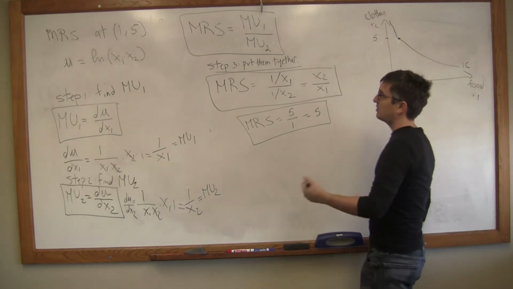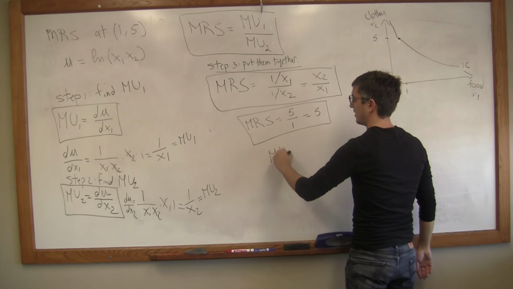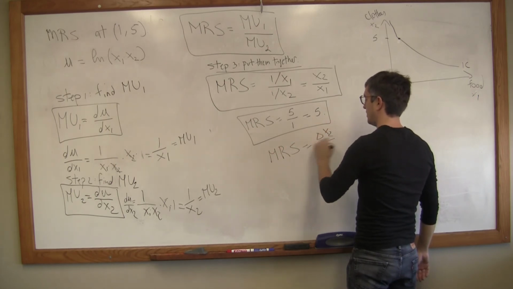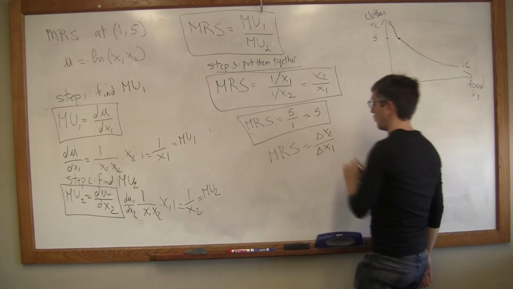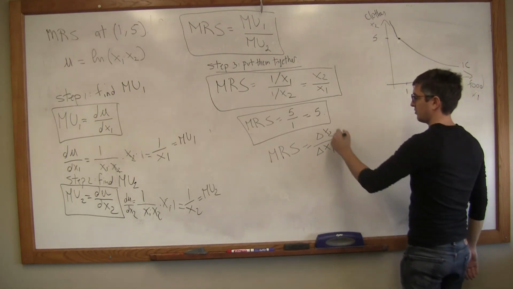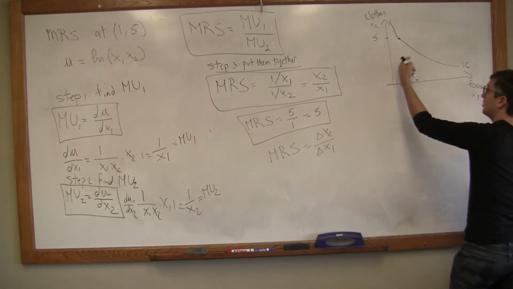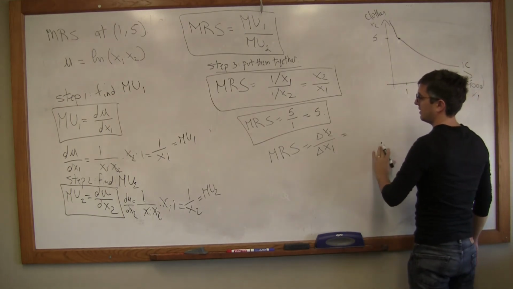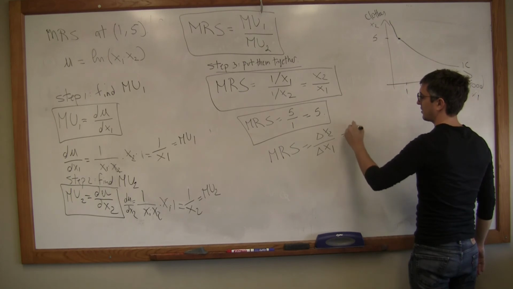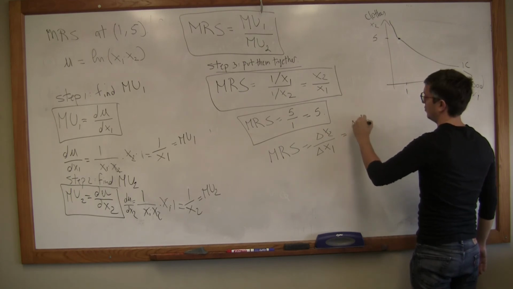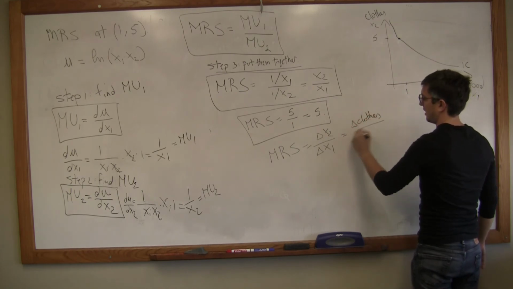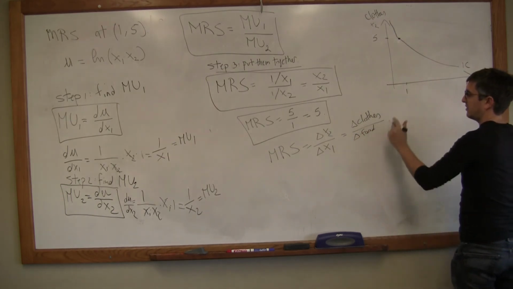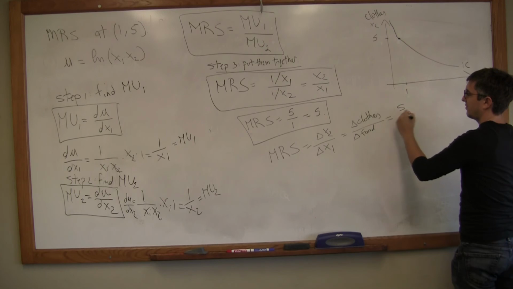Recall that another way to think about the MRS is that the MRS is delta x2 divided by delta x1, the change in x2 divided by the change in x1. In this case, x2 is clothes and x1 is food.